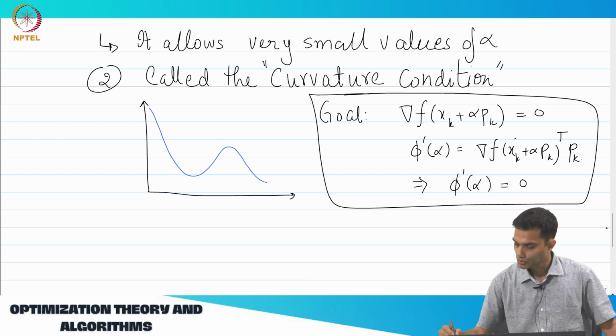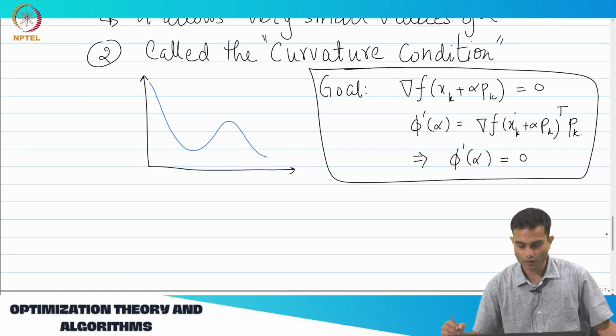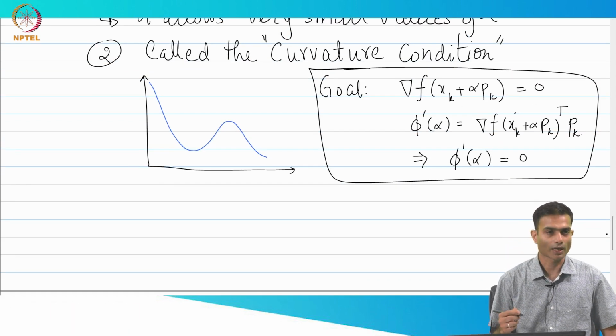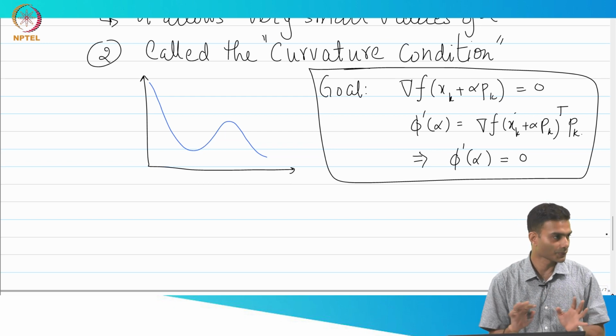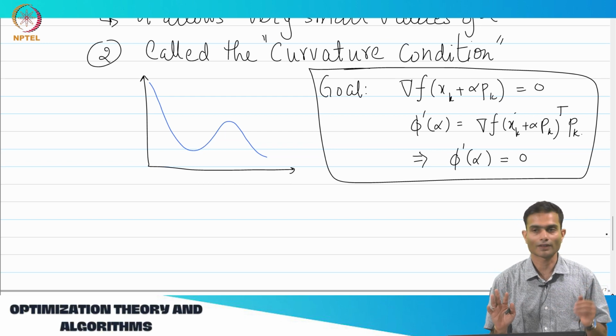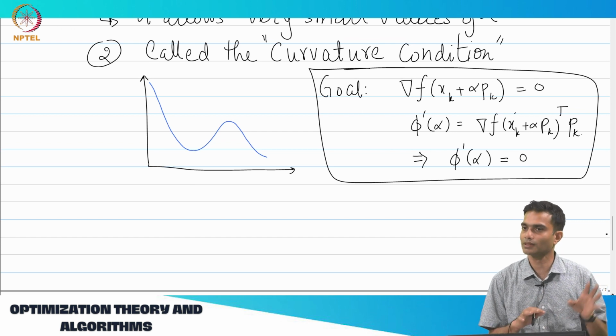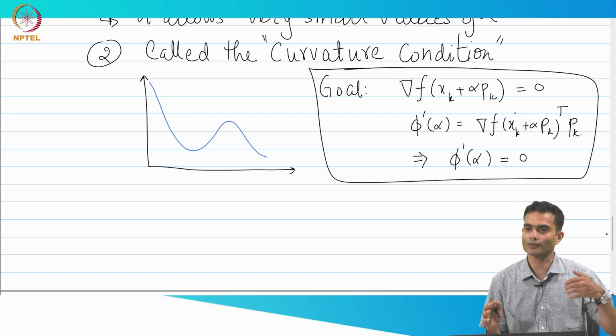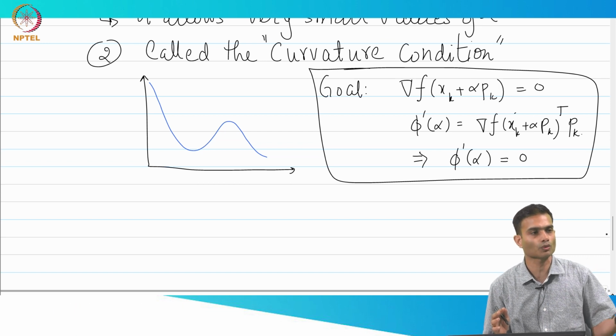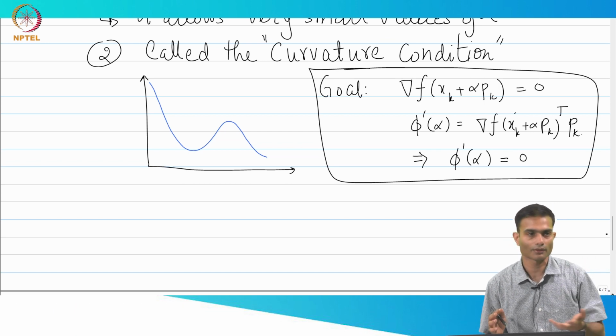Let us write down a very common sense kind of condition. I want to proceed in the direction where the slope is reducing. Function value decreasing is one thing, slope reducing is another; both are sort of mirror images of each other. So, instead of talking in terms of function values, let me talk in terms of slope values.